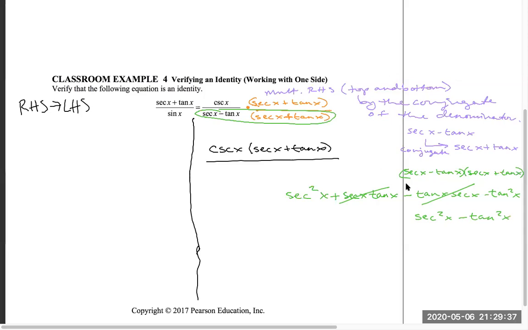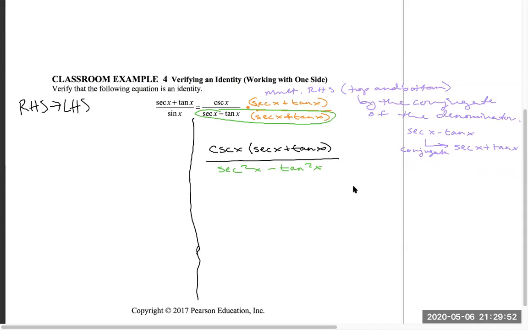Okay, so I'm going to put that here. And I'm going to erase this stuff. Okay. All right, now for the next bit, we're thinking, okay, so can I replace this with any identities?